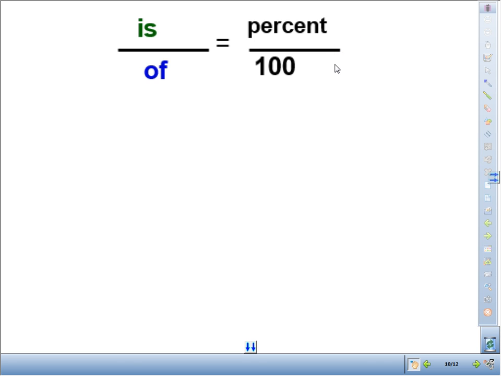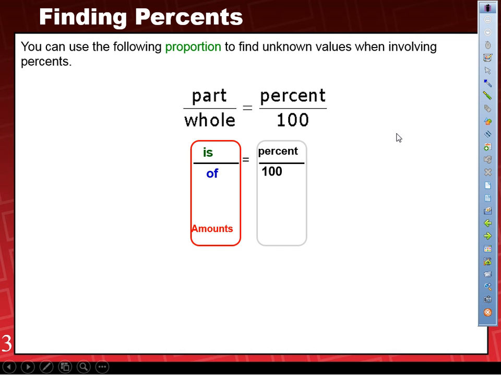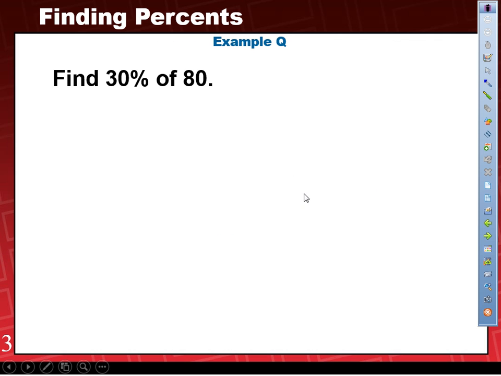Okay, here we go. Today we're going to use this proportion in order to solve for percents. When you write this proportion, the left side is amounts and the right side has to do with percents. So write this down, example Q, on the note side.